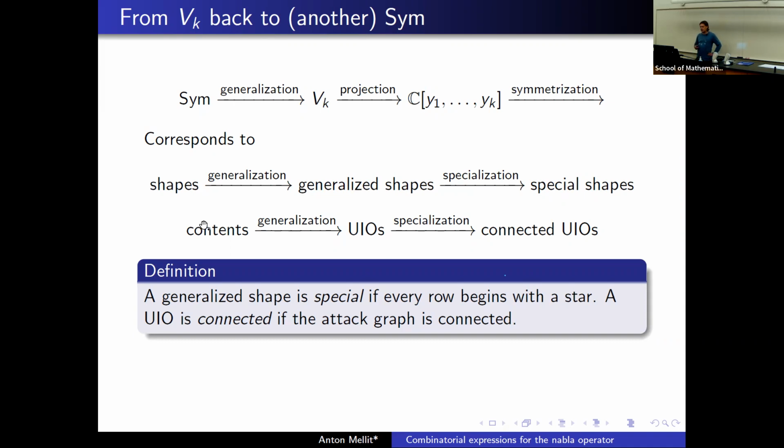First we generalize contents to unit interval orders, and then to obtain the corresponding set, which will be somehow dual to this one, we have to consider so-called connected unit interval orders. A unit interval order is connected if the incomparability graph is connected. It's a very natural condition, but it's completely orthogonal to the situation when your unit interval order is just the ordinary order of integers. That's never connected. So you had some situation, you generalize it, and then you restrict to some other situation where you don't have any overlap.